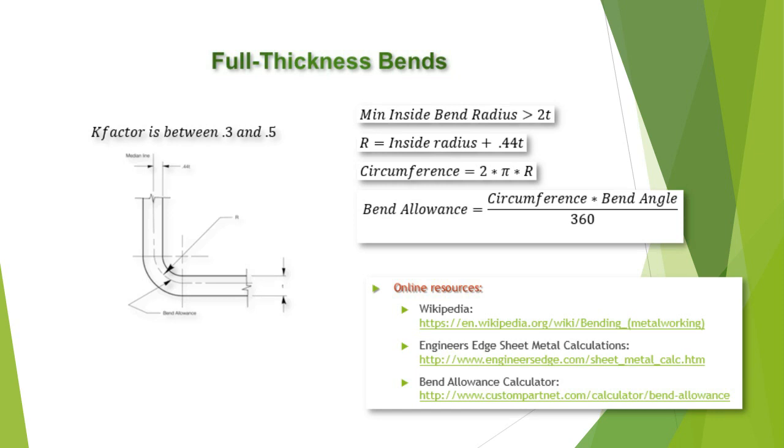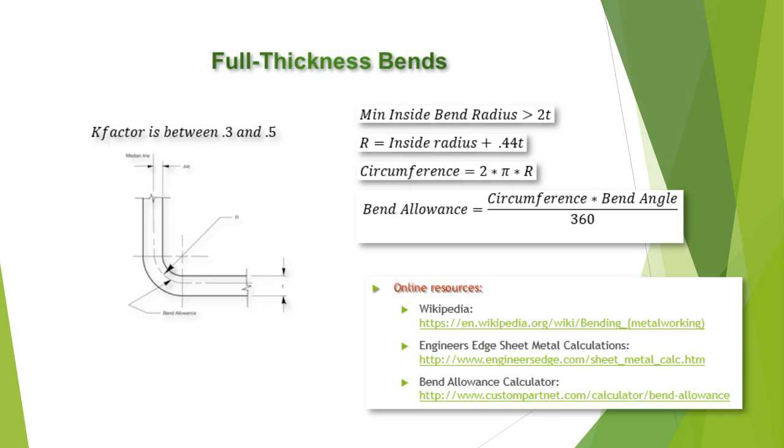There is a plane within the thickness of the material where there's neither stretching nor compression, and that's the length of the bend allowance. That's the length of the piece of material that stays the same during the bending operation. So to calculate blank lengths, or calculate the size of flat parts from finished parts, is to know how much they're going to stretch, or how much bend allowance we need to allow for each bend.